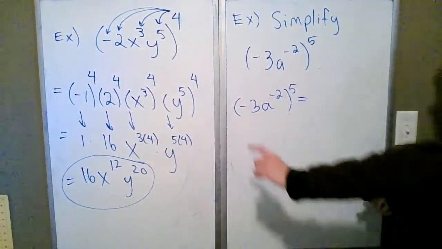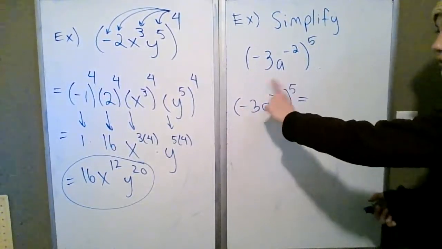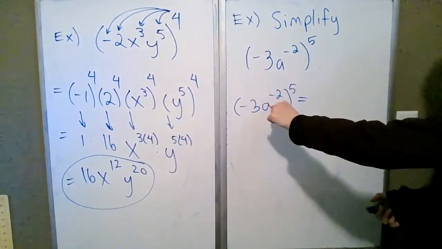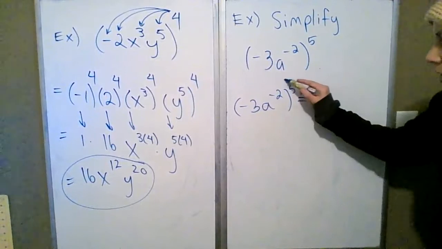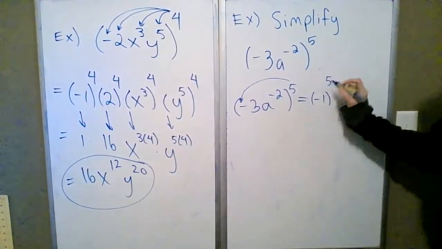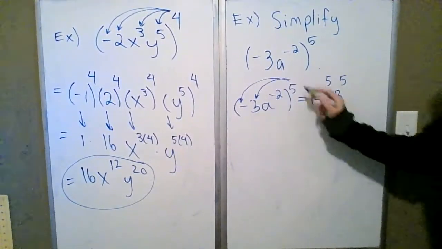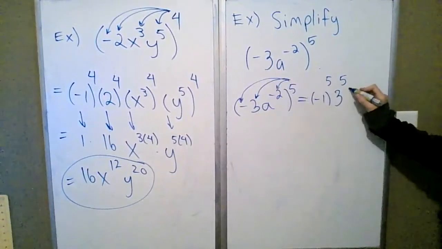So I'm going to put this power on the negative 1 and also on 3 and on a with power negative 2. So I'm going to single out this little negative number and then 3 and then a with the negative 2 with power 5.